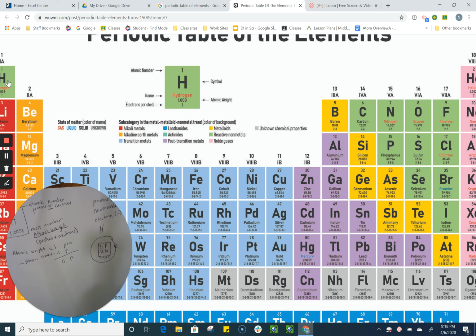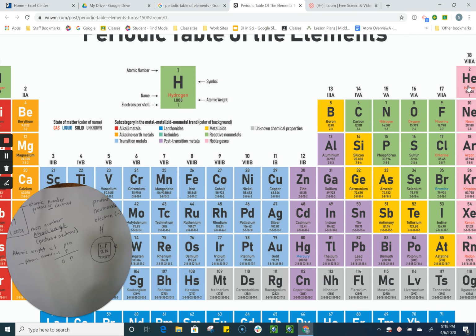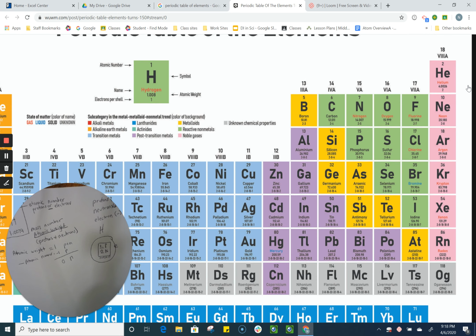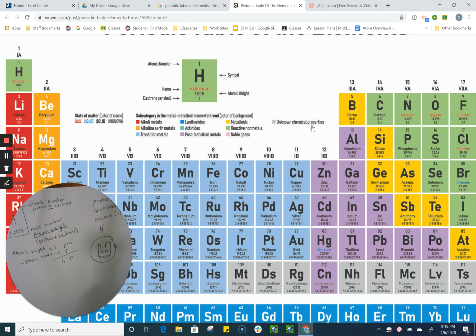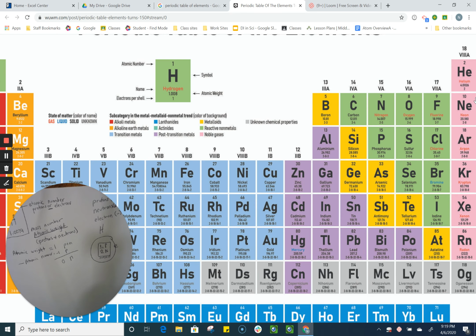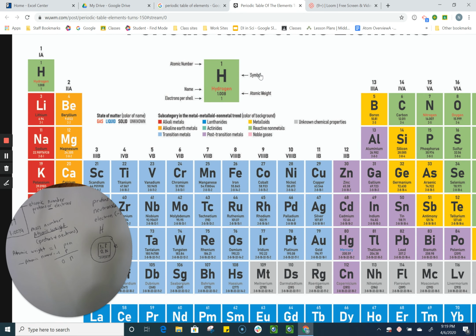It's over here. It kind of balances out the periodic table, and it is the element before the next noble gas, which is helium. And notice that the atoms in the periodic table increase sequentially going across the table. So let's talk about lithium next.